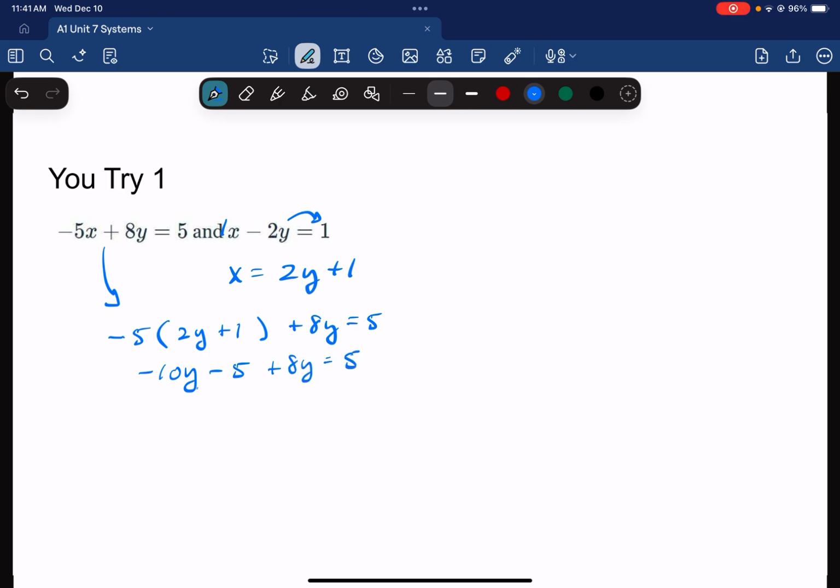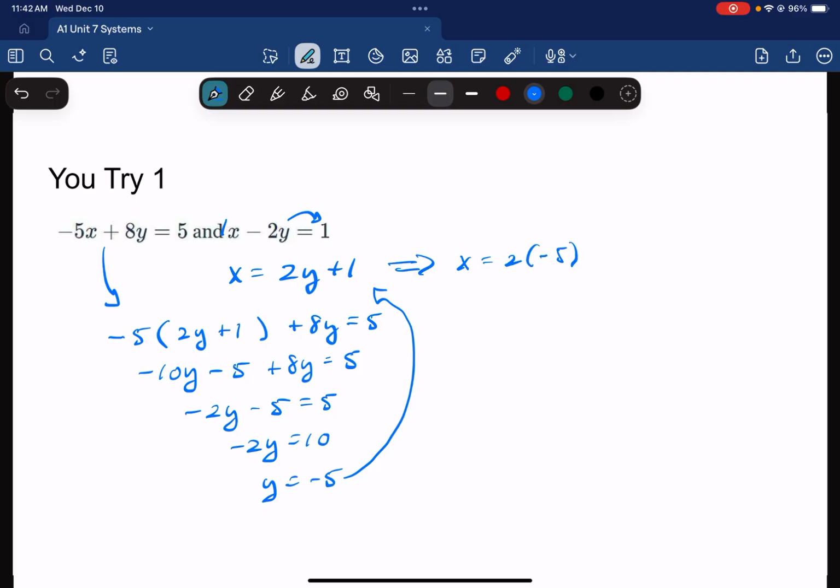And combine, negative 10y and 8y is negative 2y. And I'm going to add 5. I'm going to divide by negative 2. And I get y is negative 5. Now I'm going to come right back up here. X equals 2 times negative 5 plus 1.